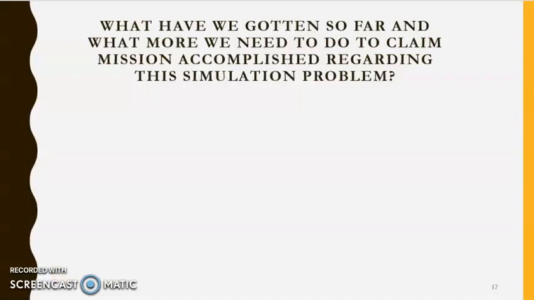What have we gotten so far? It was the table that we just discussed, and it is the simulation run of 1000 cases, 1000 examples. What more do we need to do to claim mission accomplished? We need to calculate the average of the outcome, the average of the waiting times that we calculated.